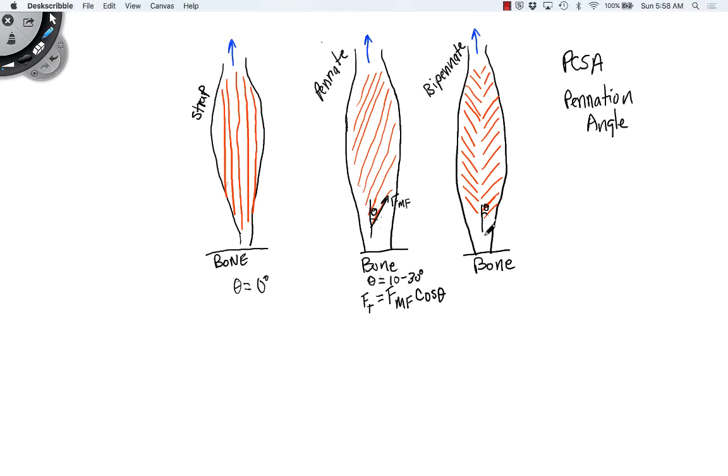But if we take a bipennate or multipennate muscle, the pennation angles can be quite high. They can reach up to 30 to 60 degrees. And so the more the angle, the less the force that's actually being realized at the tendon level.